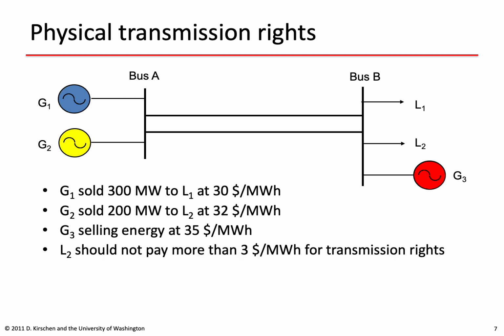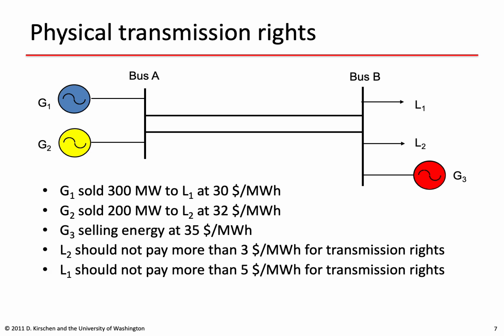So if we say that the loads have to purchase these physical rights, L2 should not pay more than $3 per megawatt hour for transmission rights, because if you add these $3 to the $32 that it paid to G2 to buy the energy, that would be equal to what it would pay to G3. So if it had to pay more than $3 per megawatt hour for transmission rights, it would rather buy this power from generator 3.